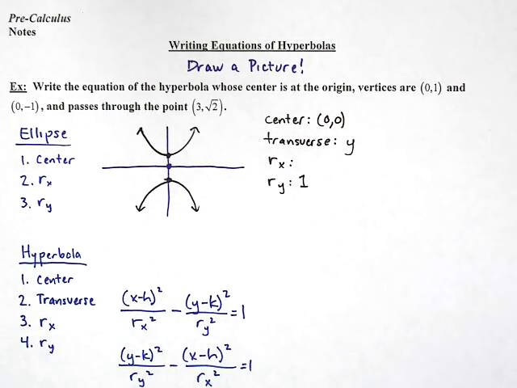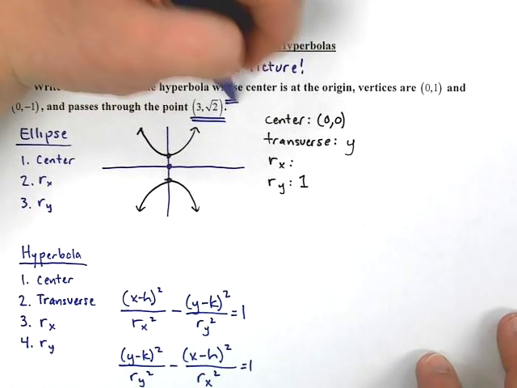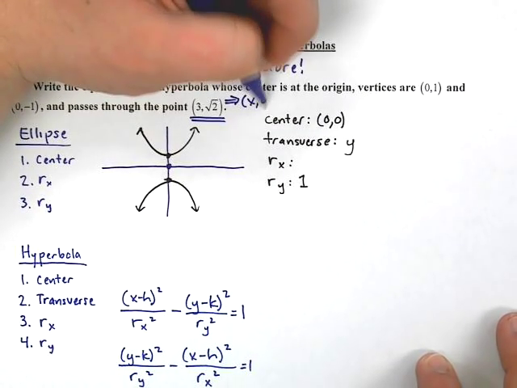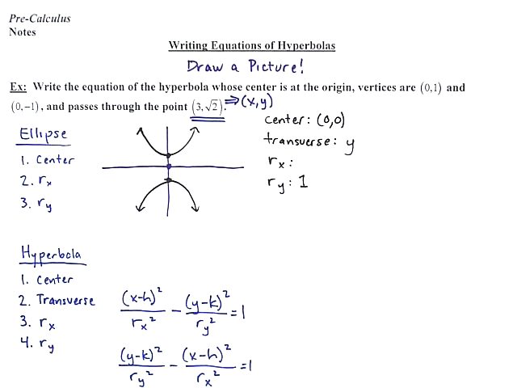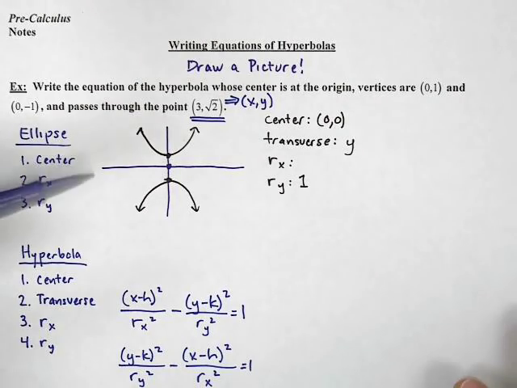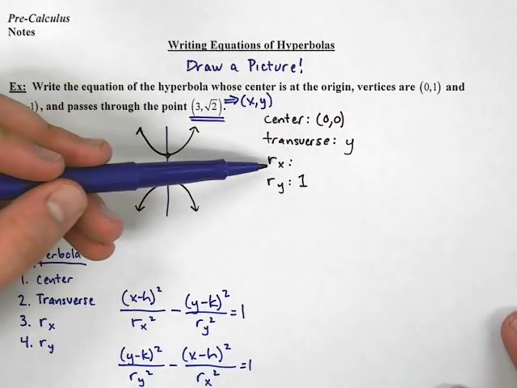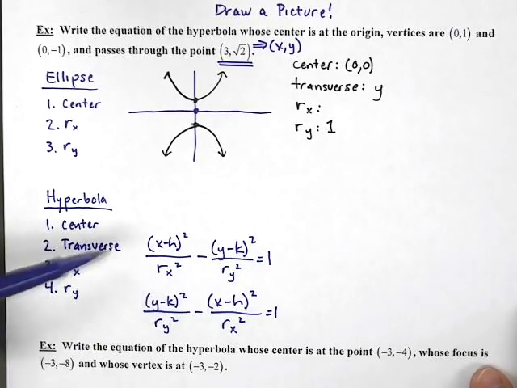We could also work with it if we knew the slope of the asymptote. In this situation, we have to understand that the final clue we're given right here is an x comma y point. So this is a situation where we plug in absolutely everything we can, and then we can solve for r sub x from our general formula.